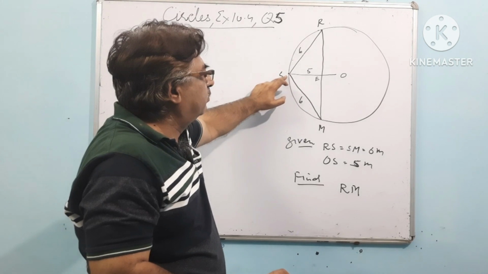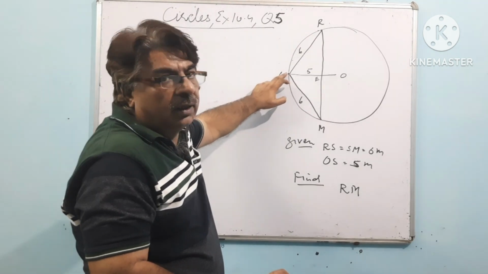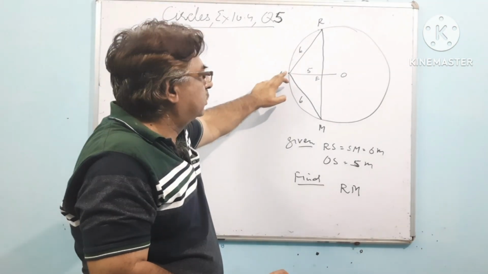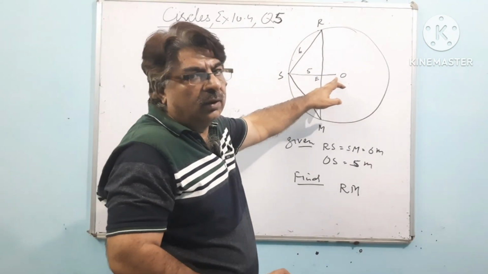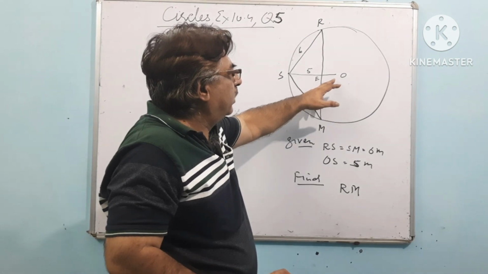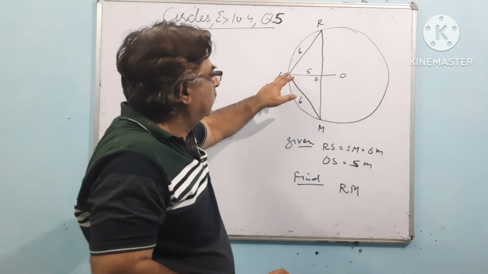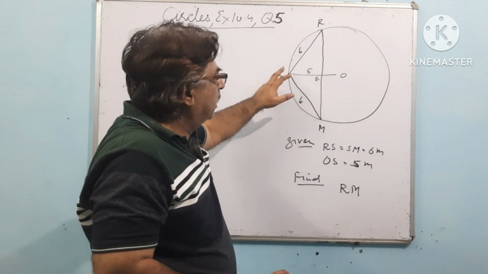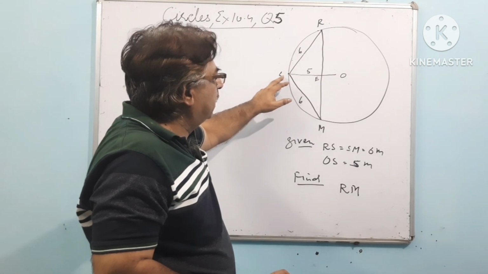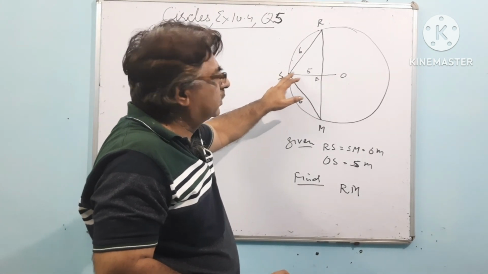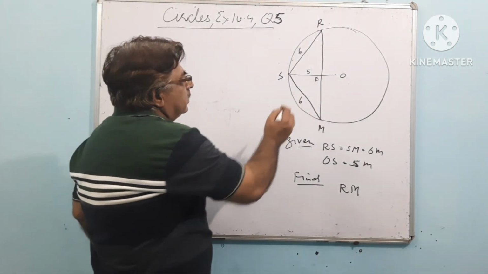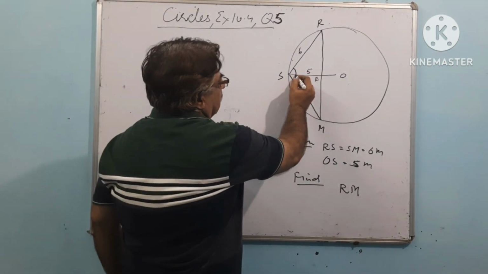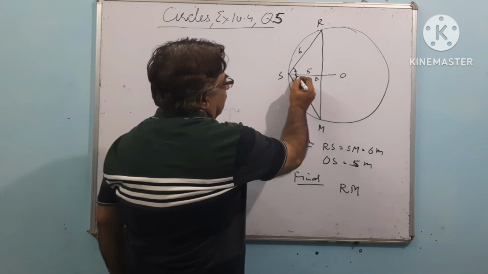And S is the point of intersection of these two equal chords, and we join S to the center O. By the property of the line joining the point of intersection to the center of the circle, these two angles are equal.